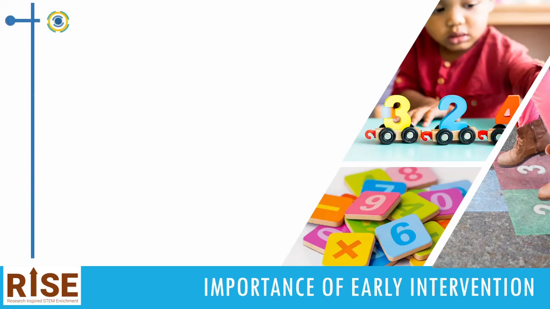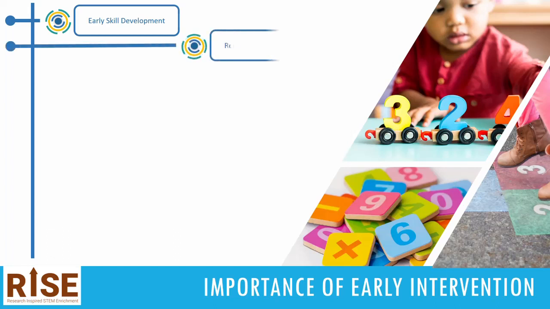Improved academic outcomes. Early skill development. Early intervention helps in the development of critical reading and writing skills at a young age, which are foundational for future academic success. Reduced academic gap. Addressing learning challenges early can prevent the widening of the academic gap between children with dyslexia and their peers.